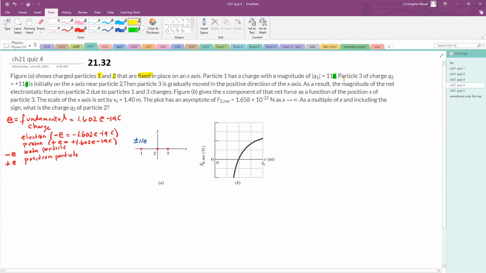Particle 3 of charge Q3 is positive 11E. So we can say that with certainty. Particle 3 has a charge of positive 11 fundamental charge units. 11E is 11 fundamental charge units.